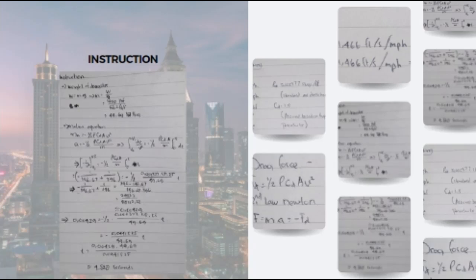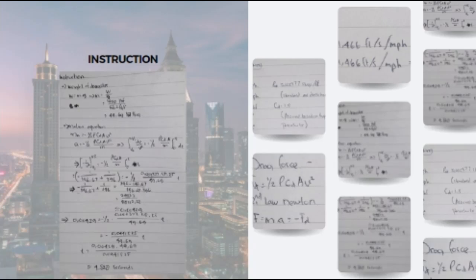So after that we get the integral. So integral V0 to V1 dv per V squared equal to minus 1/2 rho times Cd times A per m integral 0 to t dt.